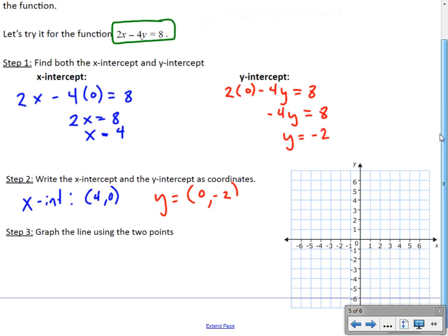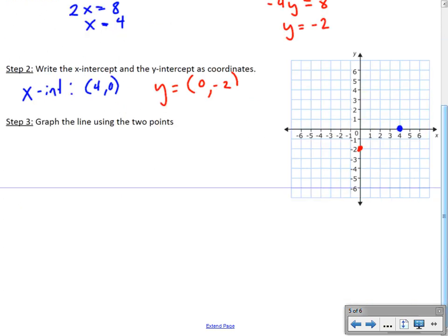Now, if we know where the line crosses the x-axis, and if we know where it crosses the y-axis, we can plot those points and connect them to actually make the graph. So let's do this. We have our 2 points, and we know that the line should go through them like this.